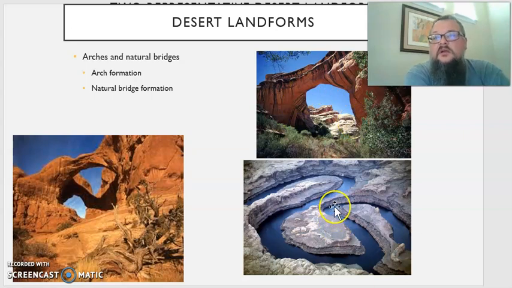Okay, this is a pretty unique meandering stream that formed. This is a place called Horseshoe Bend State Park in Utah, and even though this is different than the meandering streams that we looked at, the processes of the meandering stream still happen here.